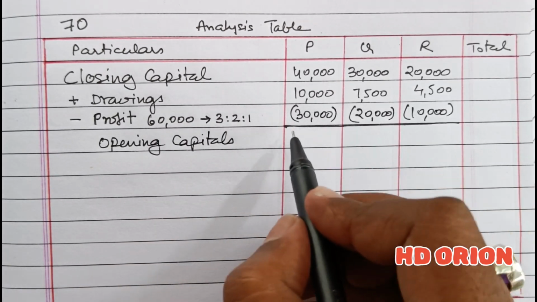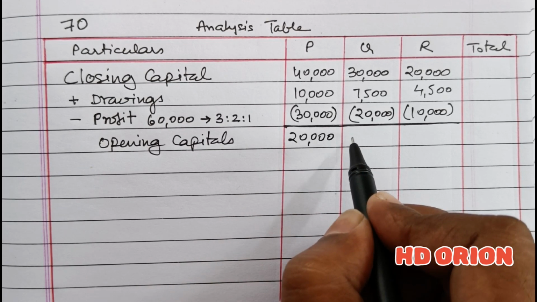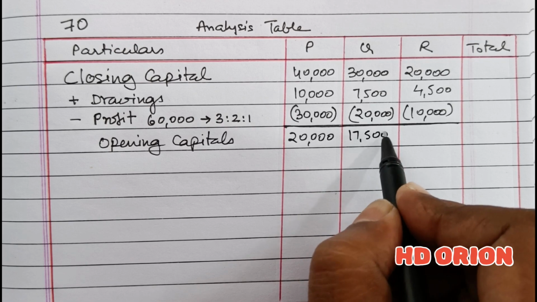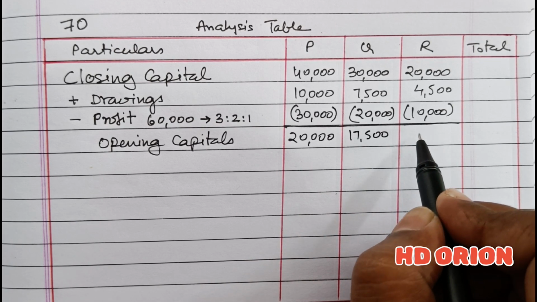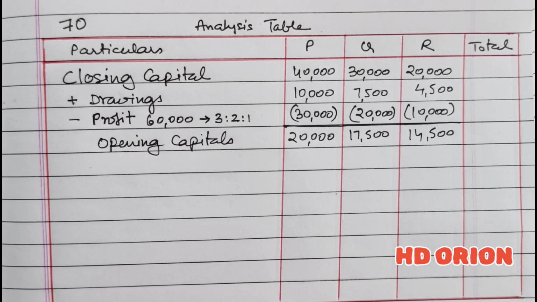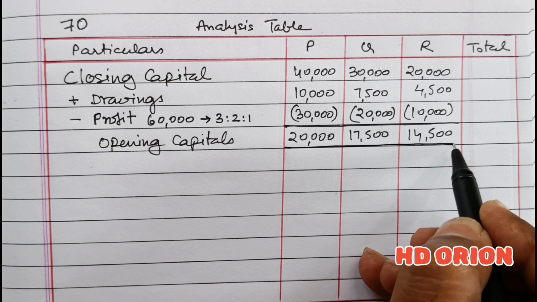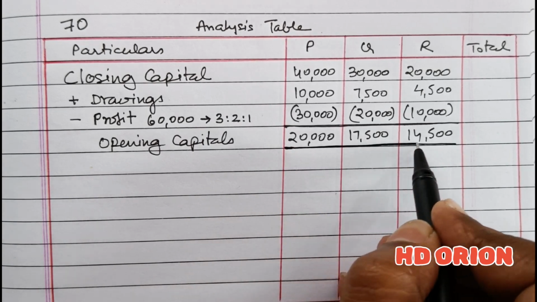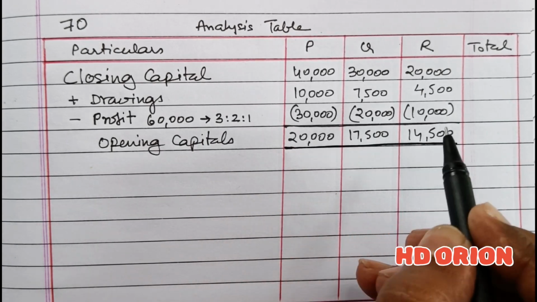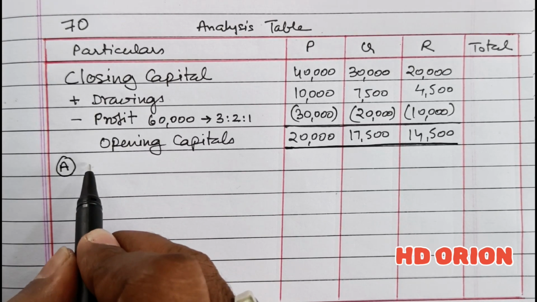So when you add this, you get rupees 20,000 as opening capital for partner P, rupees 17,500 for partner Q, and rupees 14,500 for partner R. So this is the amount we have to calculate interest on capital on. Fine. So taking this amount, first we will see correct distribution.